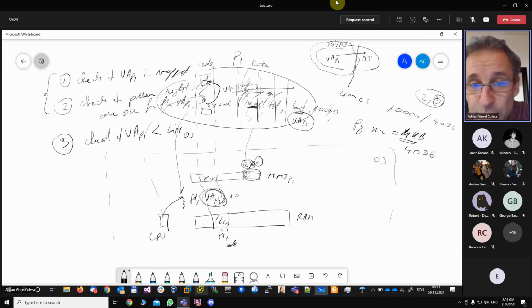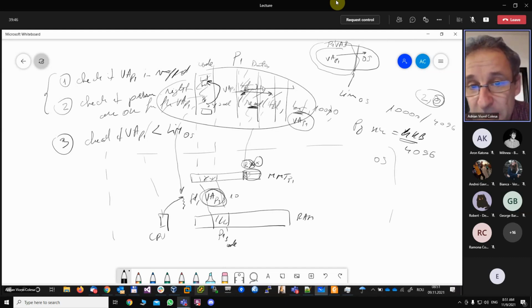So it's not enough to check only if this VAP1 is okay. It is good, but that only refers to the beginning of the buffer, to the first byte in the buffer.